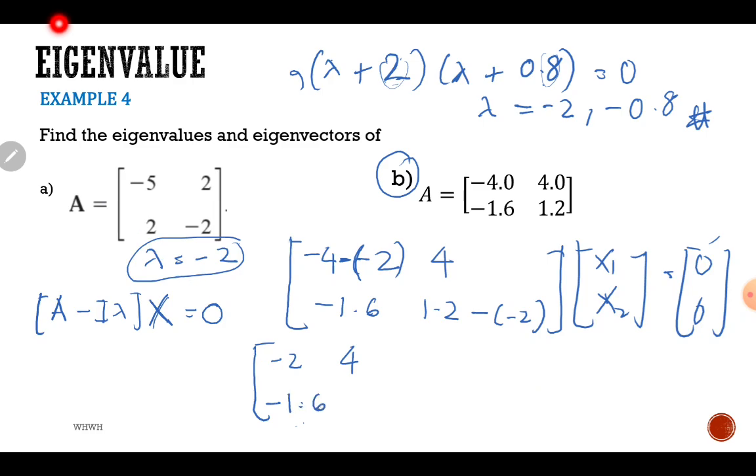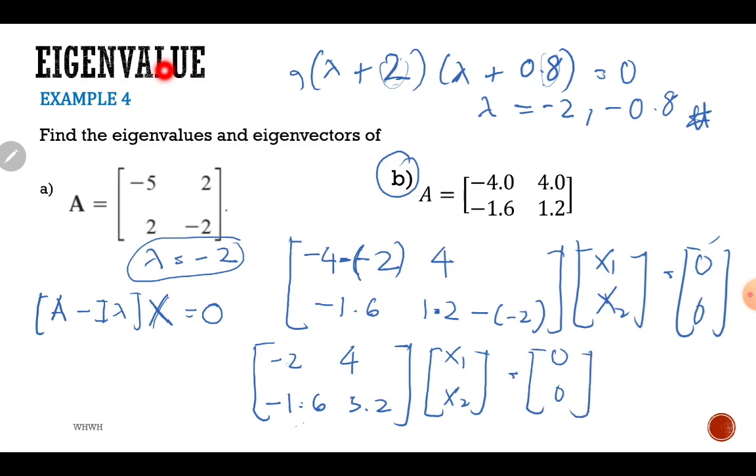Negative 1.6. 1.2 tambah 2, so we get 3.2. Okay, x1 and x2 sama dengan 0, 0.